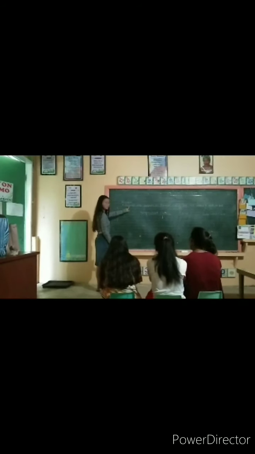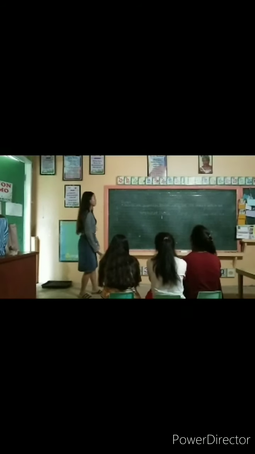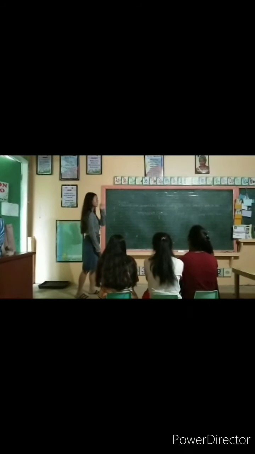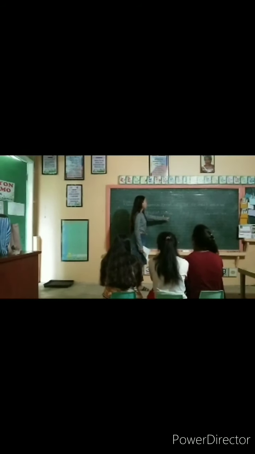Example: although she completed her literature review, she still needed to work on her middle section. What is the dependent clause? Although she completed her literature review. And the independent clause: she still needed to work on her middle section.